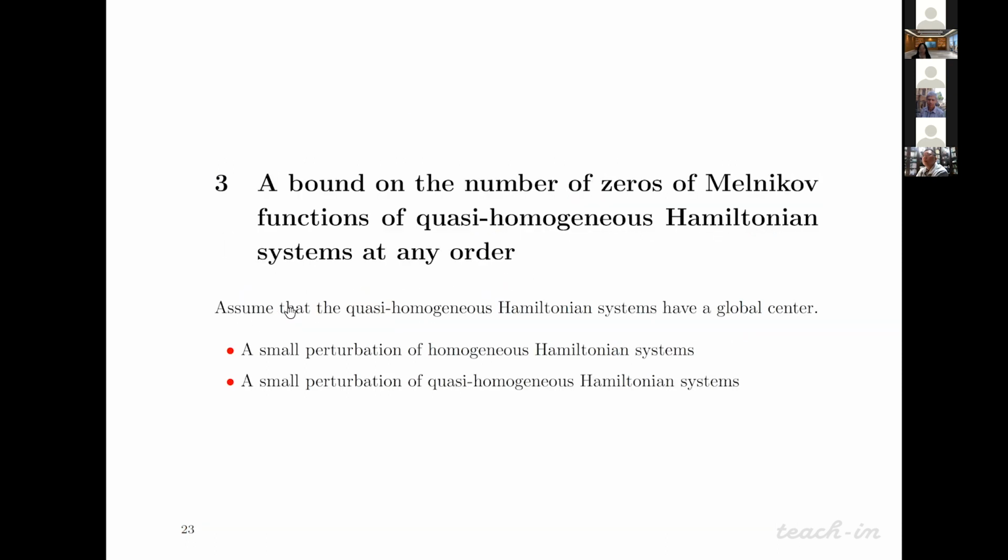Next, we talk about the bound on the number of zeros of the Melnikov function of quasi-homogeneous Hamiltonian systems at any order. We divide it into two parts. One is the small perturbation of a homogeneous Hamiltonian system. The other is the quasi-homogeneous Hamiltonian system.